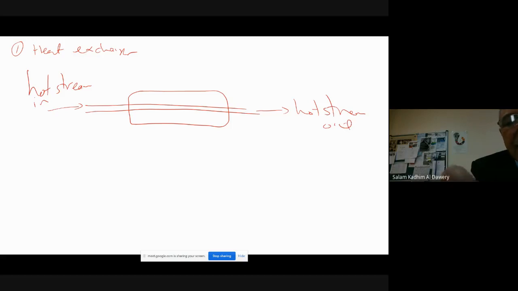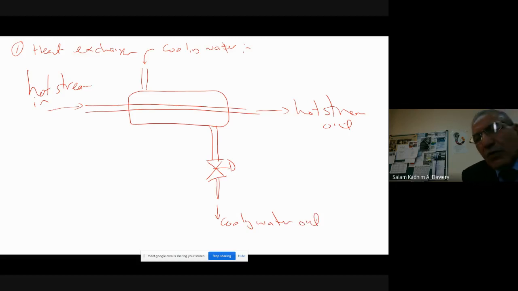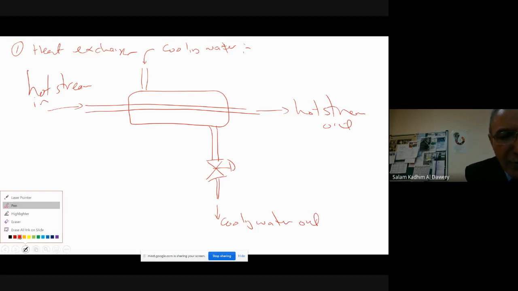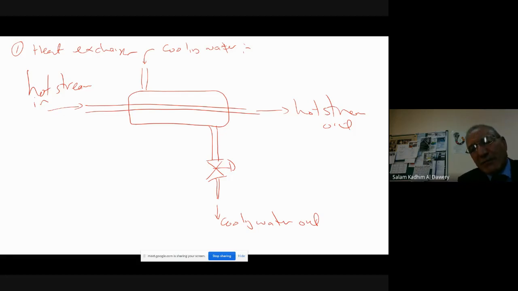And we are using a cooling media, for example cooling water in, and here it is output, cooling water out. So what we have to do for control purposes, as I said, is measure the temperature and control the temperature by manipulating one input variable.